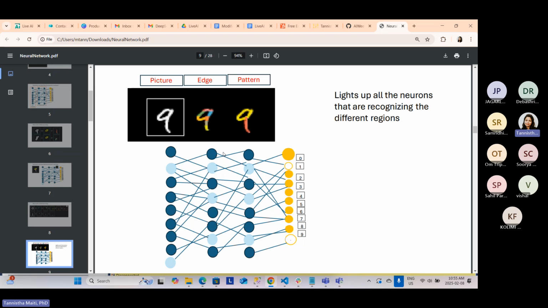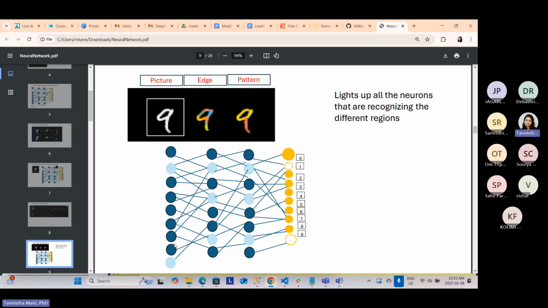We can think that one of these middle layers is picking up on the edges of these digits, and the other hidden layer is picking up on the pattern, like a loop versus a line, right?